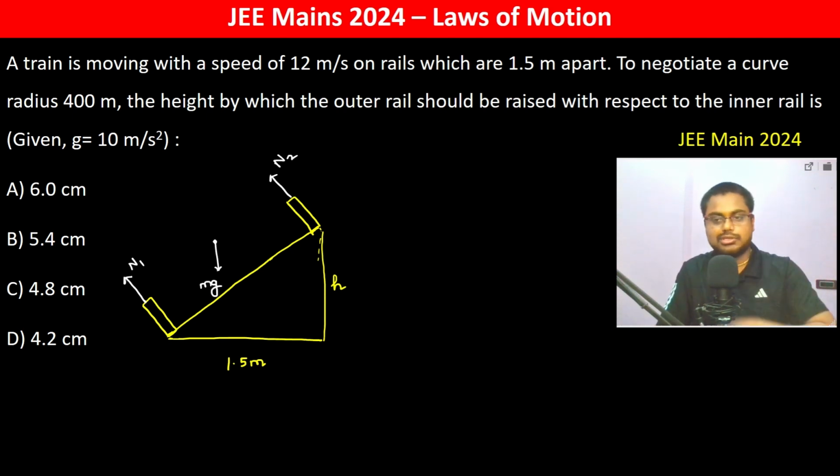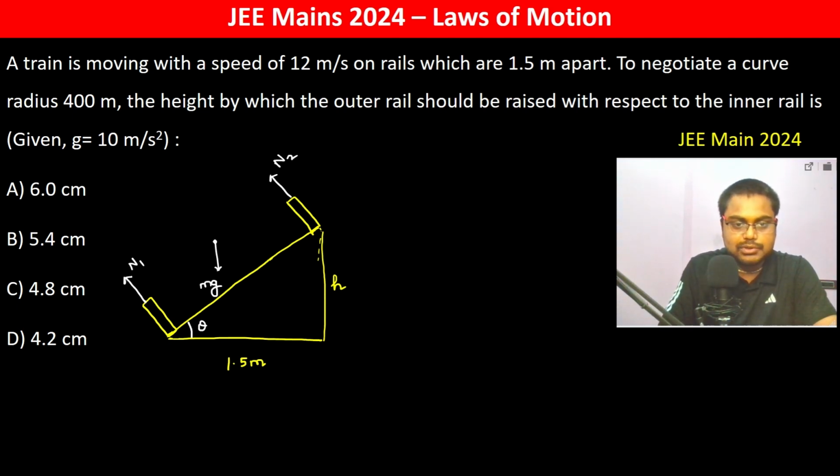So these are the forces which is happening, and yes, like this. So now we can clearly see, so if this is theta, so therefore this is also theta, and this is also theta for both of them.